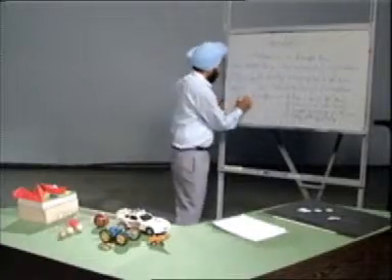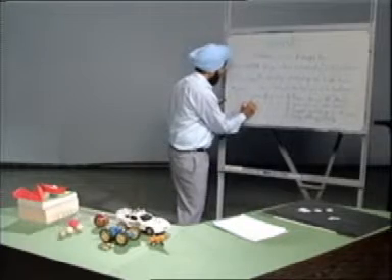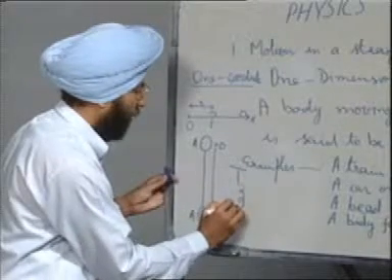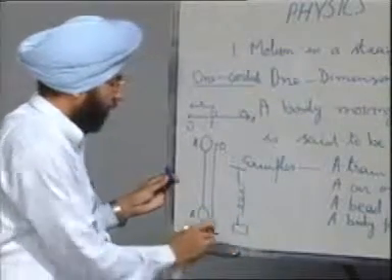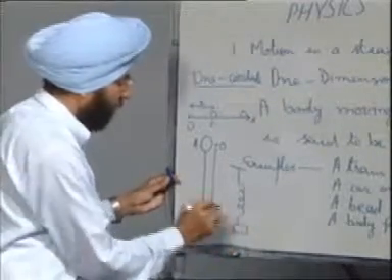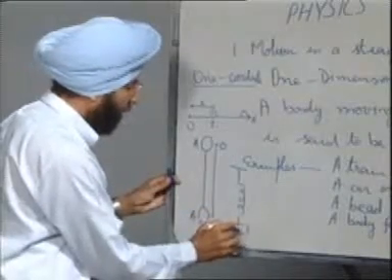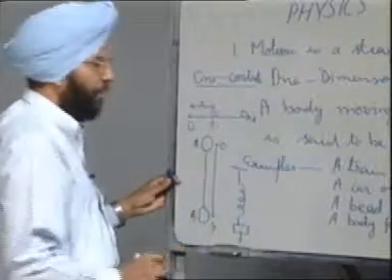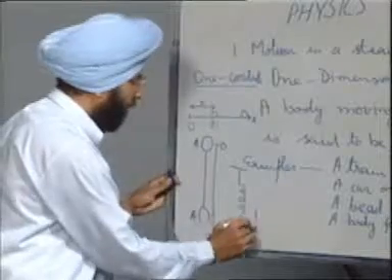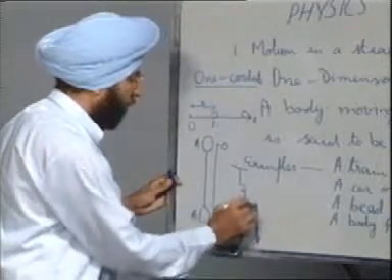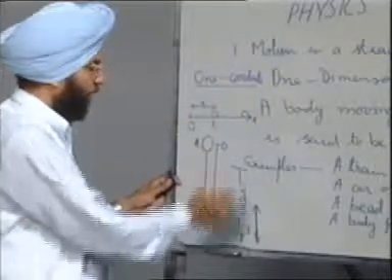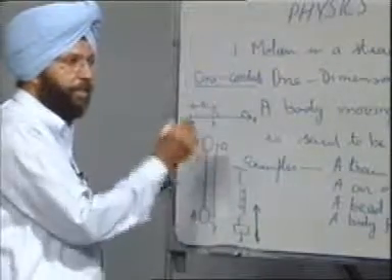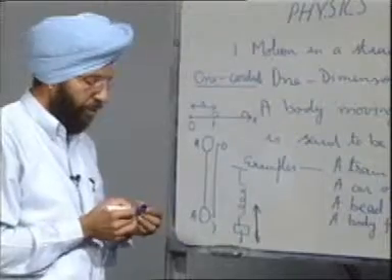Similarly, we can have a spring. If we suspend a load with a spring, pull it downwards and leave it, then this vertical motion of the load is also one-dimensional motion. We can take this vertical axis as the x or y axis.